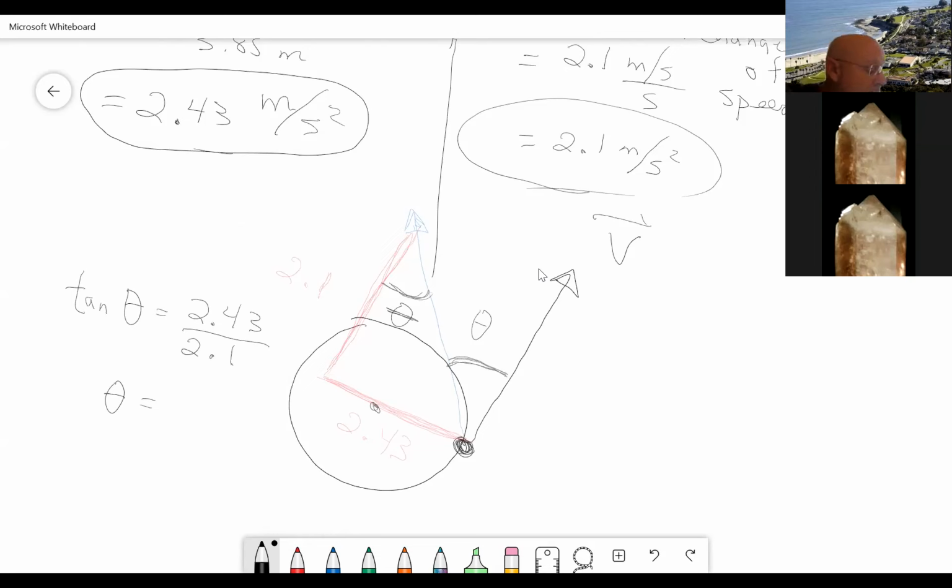And let me just check if my calculator's in degrees. Okay, it is. So then if I go inverse tangent of that number, I get 49.2 degrees.